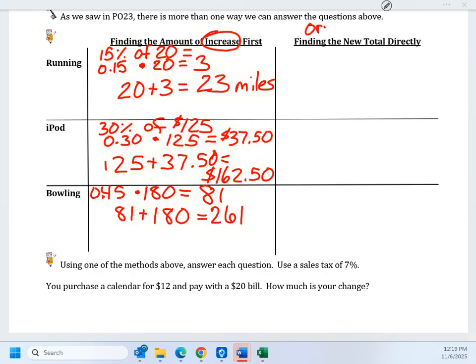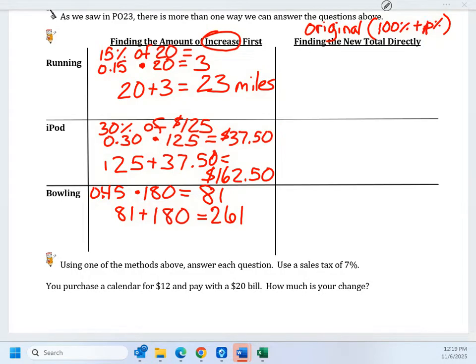You take the original amount, and we're gonna multiply that by that percentage increase. So instead of saying just 15%, we would say 100% plus 15%. So that P is the percent that you're given in your problem.